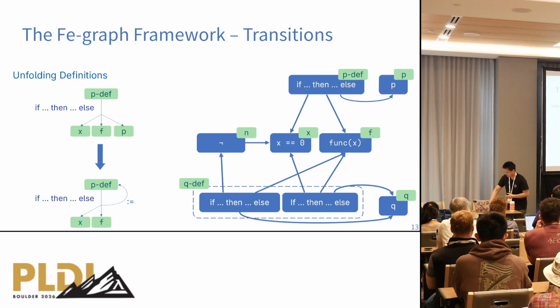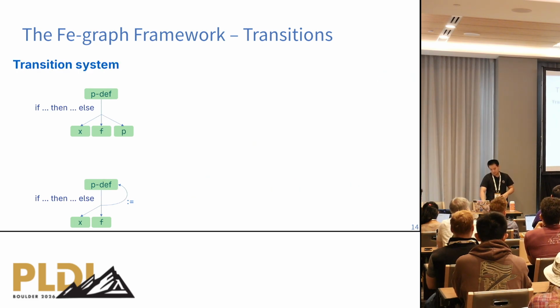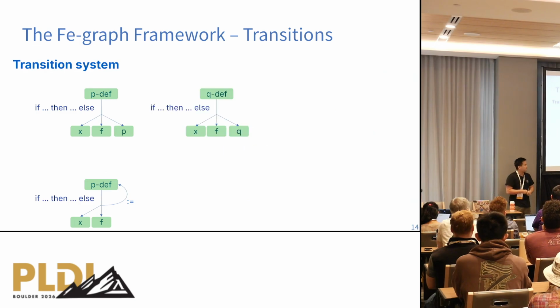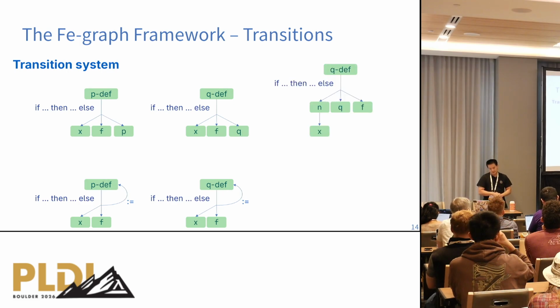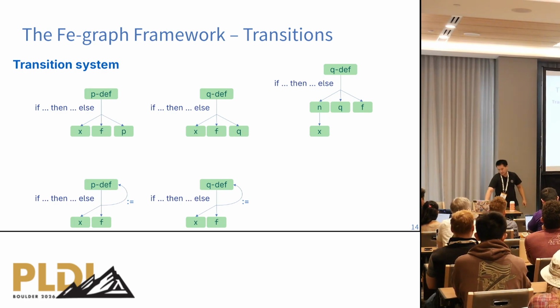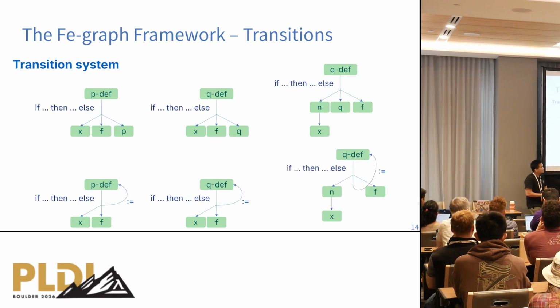Okay. And in the same way, we can have the E-class for the definition of Q. We can lift it to have this kind of variable unfolding. Then we have the E-class for another way to define Q, which involves negation. And finally, we can also unfold the variable E-class Q by linking it back into the definition of Q.